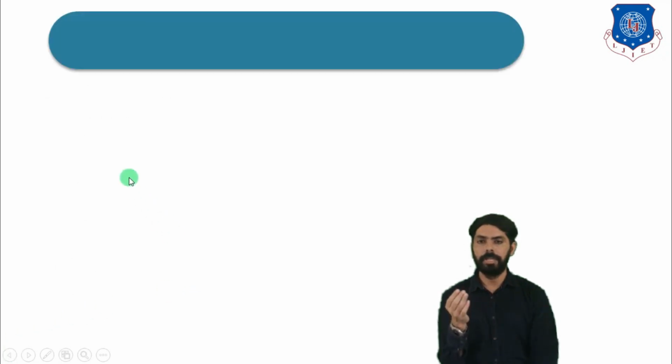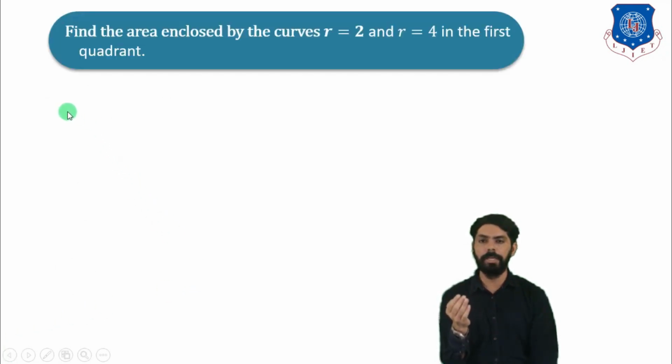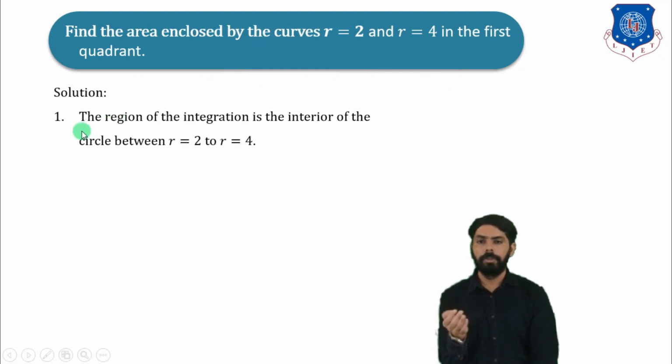Now we will discuss next example, that is find the area enclosed by curves r equal to 2 and r equal to 4 in the first quadrant. So here the region of the integration is the interior of the circle between r equal to 2 to r equal to 4.